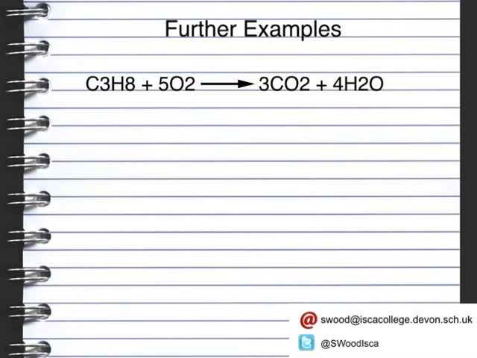So we can work out that the mass of the propane here is 44. Okay, so that's 3 times 12, which is 36, plus 8 is 44. Then we have the mass of oxygen, which is O2, so that's 2 times 16 is 32.